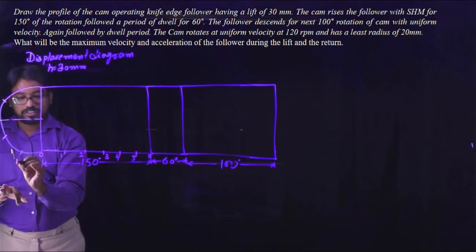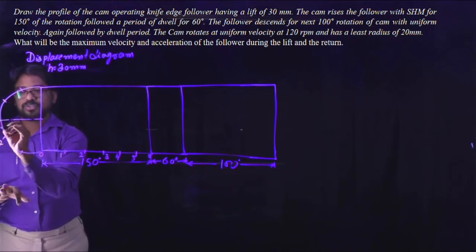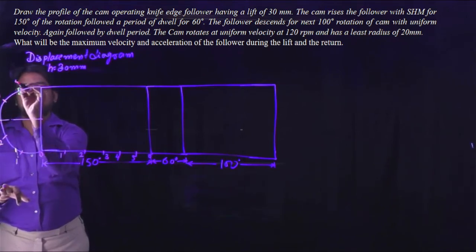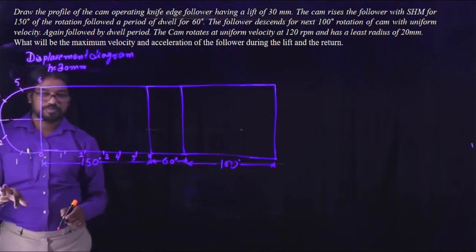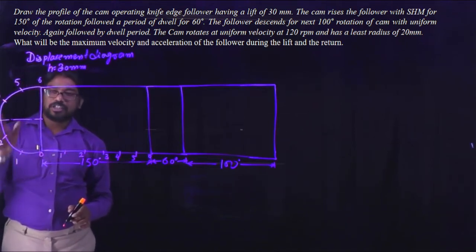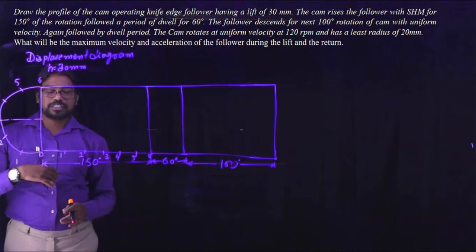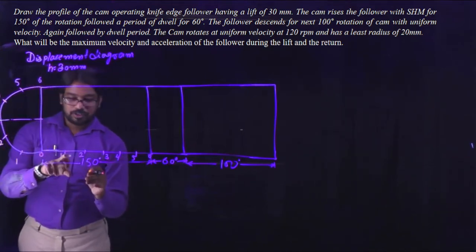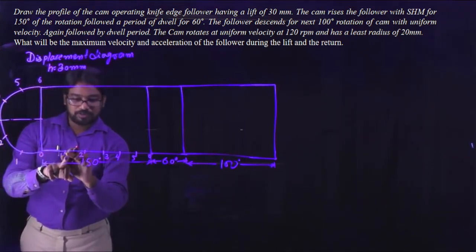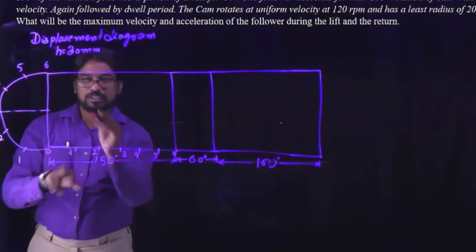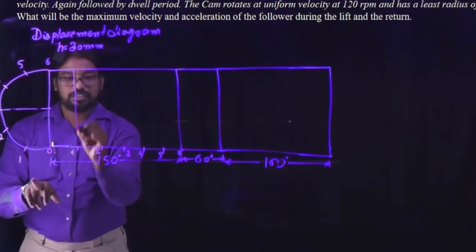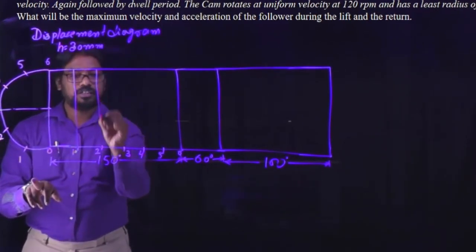So 1, 2, 3, 4, 5 and 6. Clear? Now these dots 1, 2, 3, 4, 5, 6 we are going to extend in the vertical direction like this.